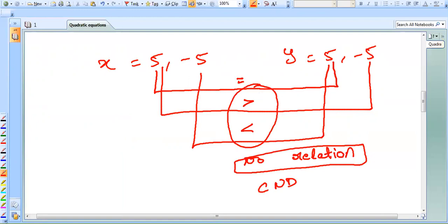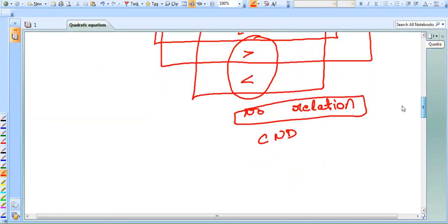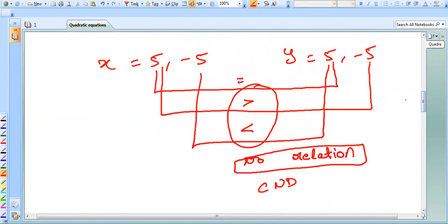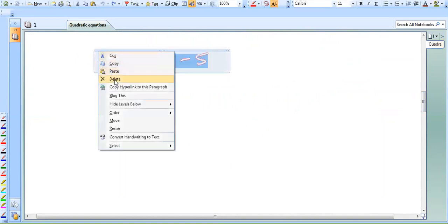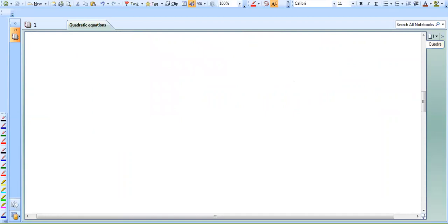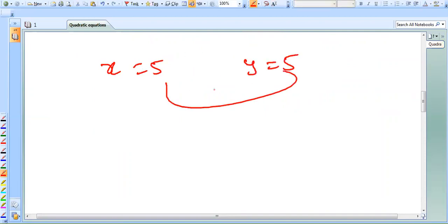For example, x values 5, minus 5 are given, and y also 5, minus 5 is given. Then the answer is not x equals y. Sir, when will the x equals y relation come? See, if x equals 5 and y also equals 5, then x and y values are equal.